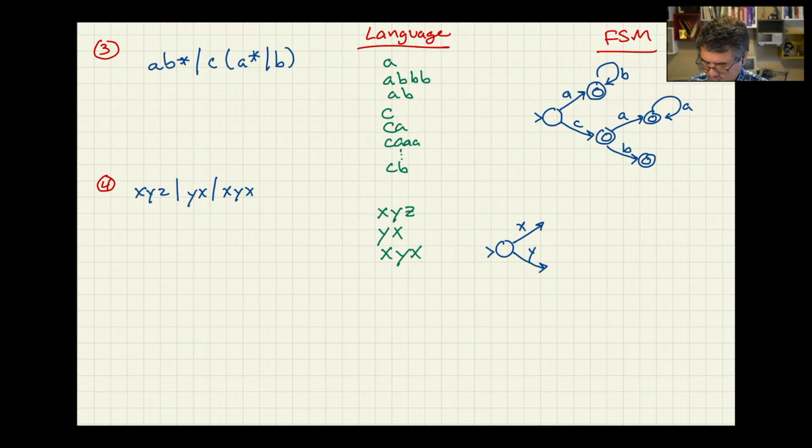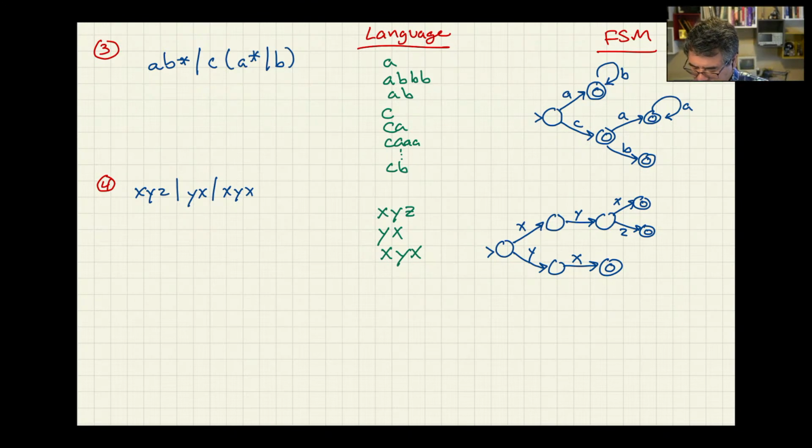And then from those, there's a Y that branches out of the X node, and then an X that branches out of the Y node. Okay. And then at the Y node, there's an X and a Z that branches out of that. And then there's accepting states at the end of all those. Okay, good.